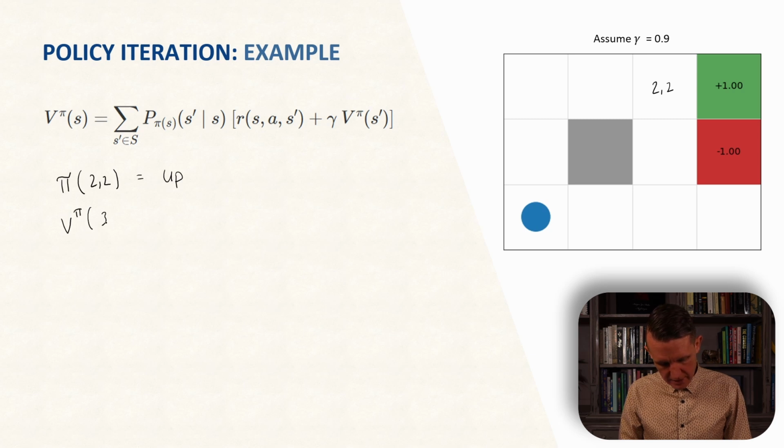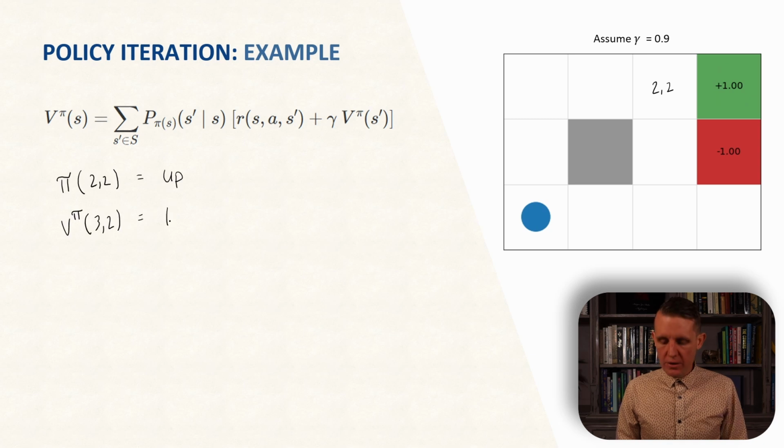v of state 3.2, which is our goal state here, is going to be 1, which it will be after the first iteration. We know this because, as you can remember from the notes, we get a reward for transitioning out of our goal state into some dummy terminal state t of 1, therefore our value will be 1 after one iteration.